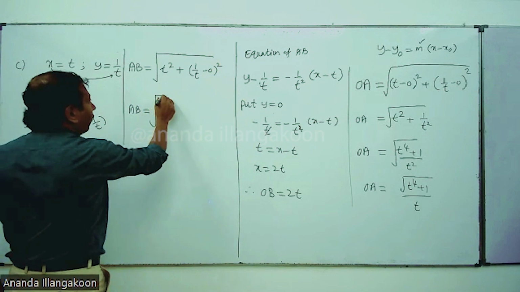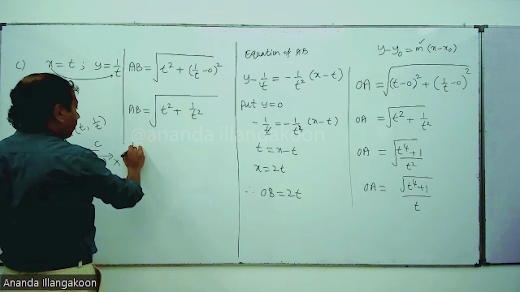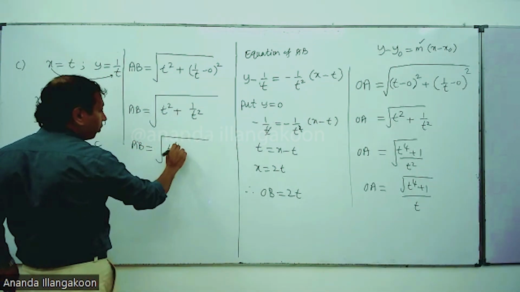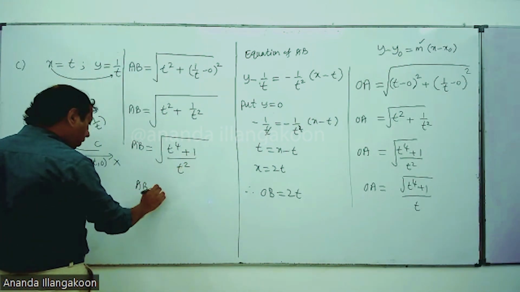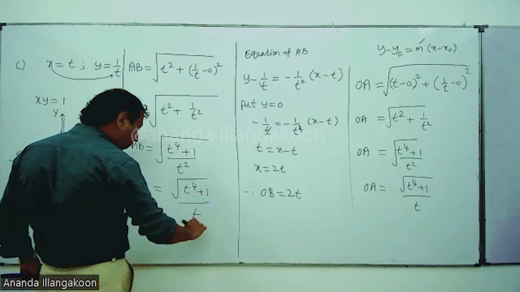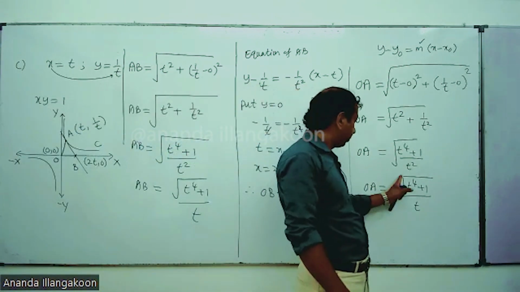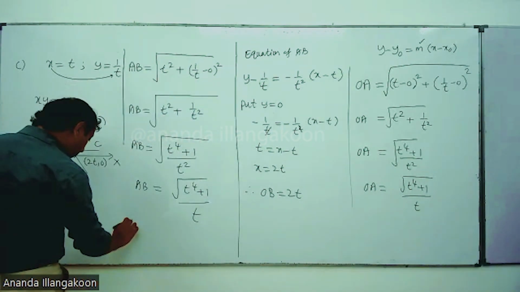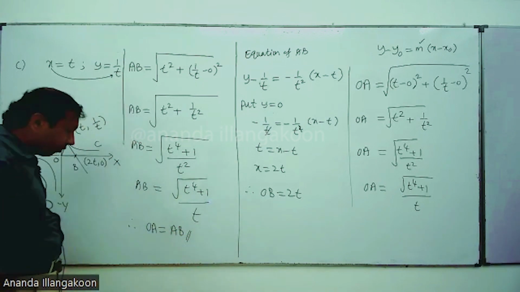AB is therefore the square root of t squared plus 1 over t squared, which is t to the power 4 plus 1 divided by t squared under the root. Now we can see this figure. Therefore, OA equals AB. Hence, OA equals AB. This way we can take it.